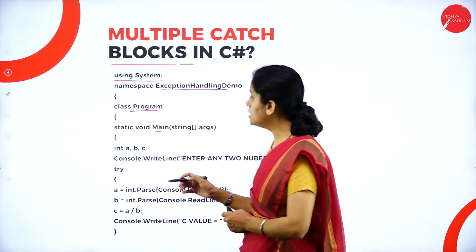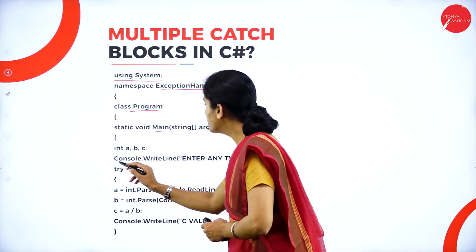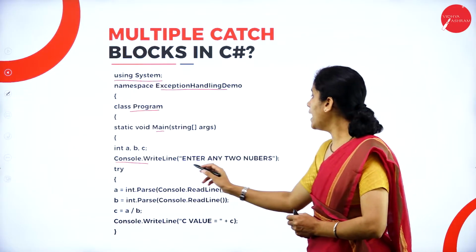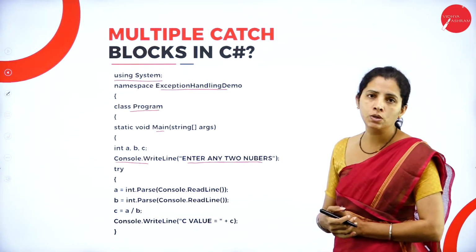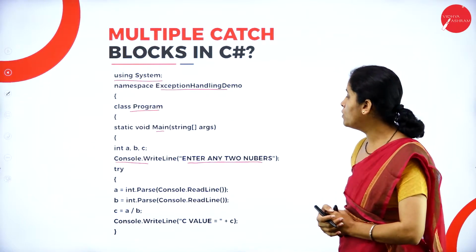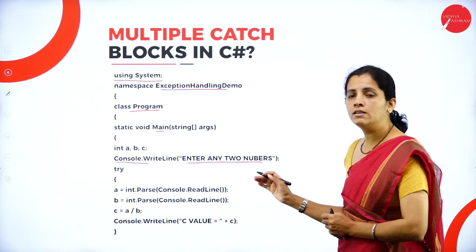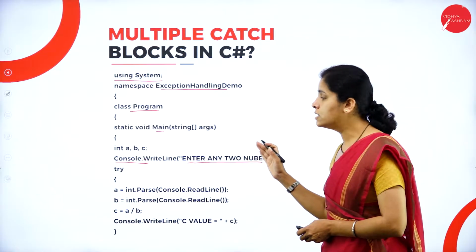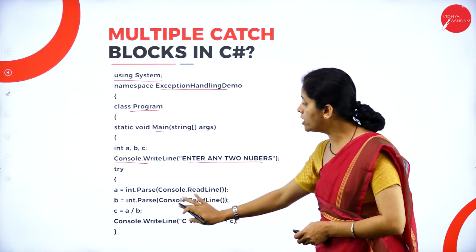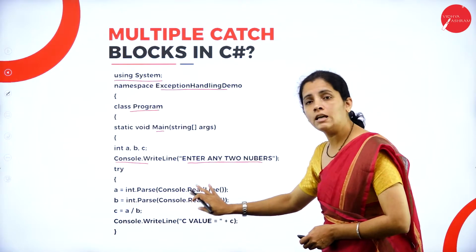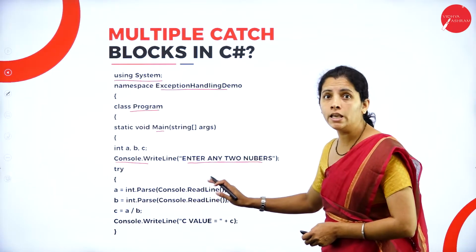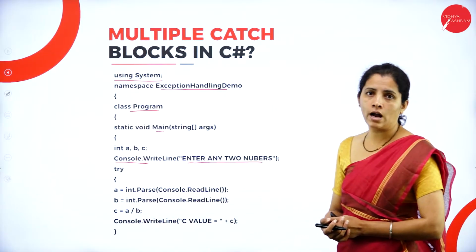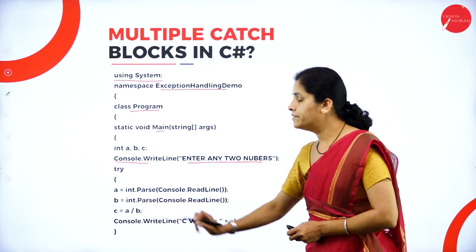Now see here, I'm going to give some message to the user: enter any two numbers. So I want to enter some numbers. This is the message to the user. Now see here what I'm going to do. The lines I have to read the input, I'm going to place within the try block and I'm going to perform the division.